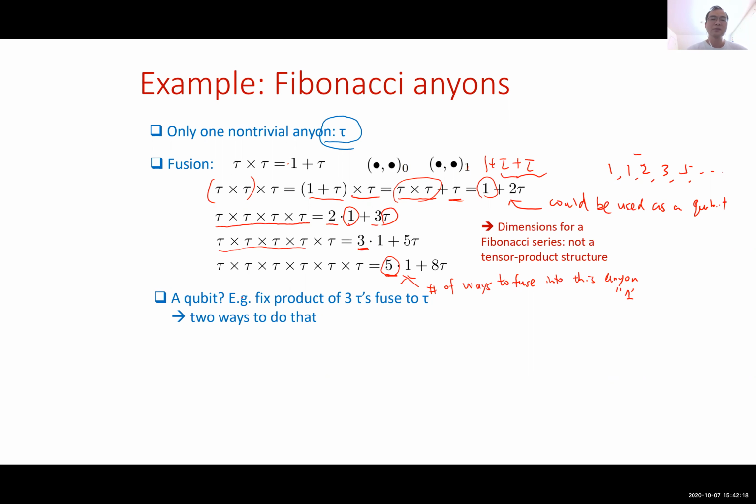Okay, so yeah, this is what I said. If you use 3 tau, 3 Fibonacci anyons, if I fix the product to be tau, then this is a possible way to encode a qubit. So meaning that I have 3, right? So I fix the final fusion outcome.